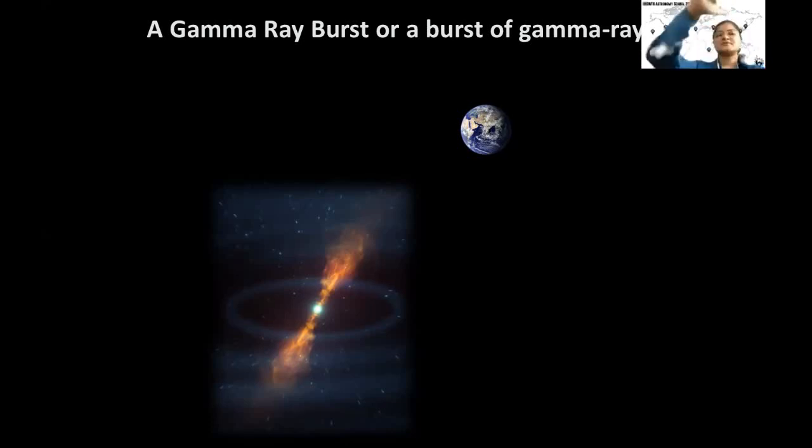So what this suggests is that instead of looking down the barrel of the jet, we were looking slightly away from the barrel of the jet, right? Because the luminosity in the gamma rays drops by delta theta to the 4th power, where delta theta is in radians. So even if you were just 0.1 radian off, that could explain the drop in gamma ray luminosity. Okay, so everything's fine until then.